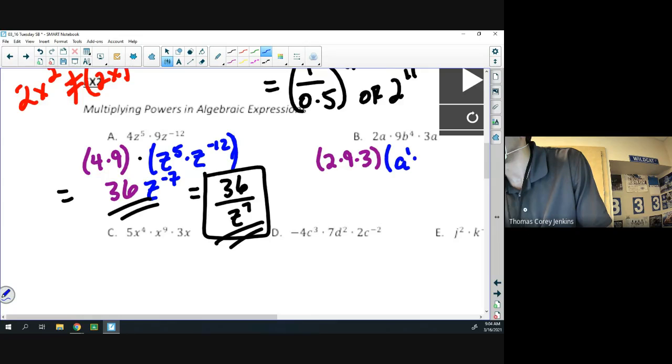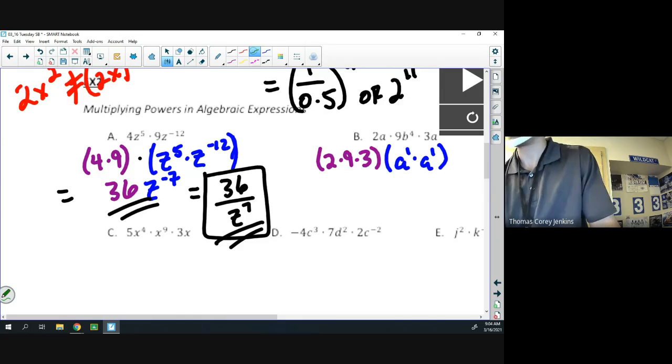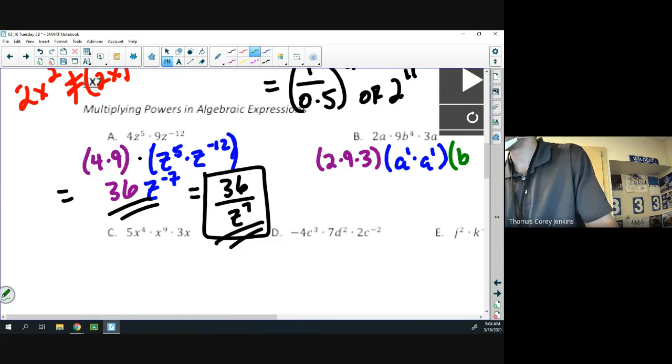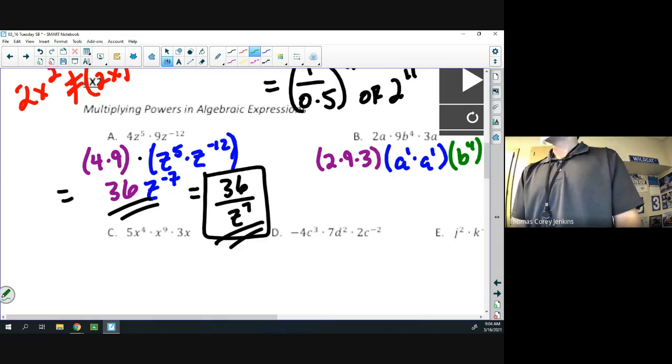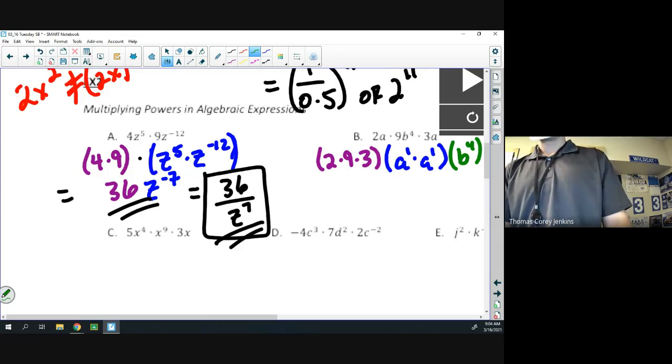I'm going to write a to the 1 just so we remember there's a 1 there, times a to the 1. And then I just have b to the 4th. It'll stay b to the 4th. So this one is a good reminder that we only add those exponents with the common base. In other words, I don't add the 4 with the 2 1s, because they don't have the same base.